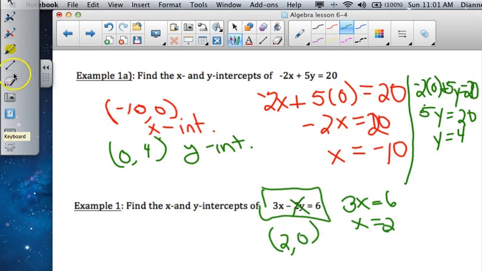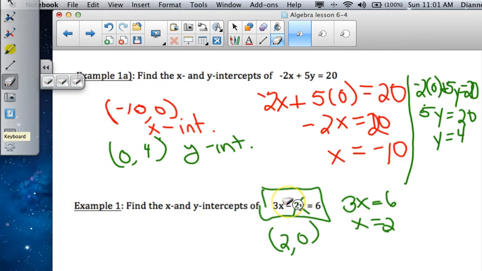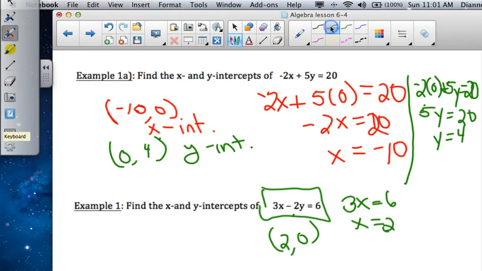If you go back, the y-intercept is going to be the y value when x is 0. Make sure you watch that sign. There's a negative in front of that 2y. So it would be negative 2y equals 6.